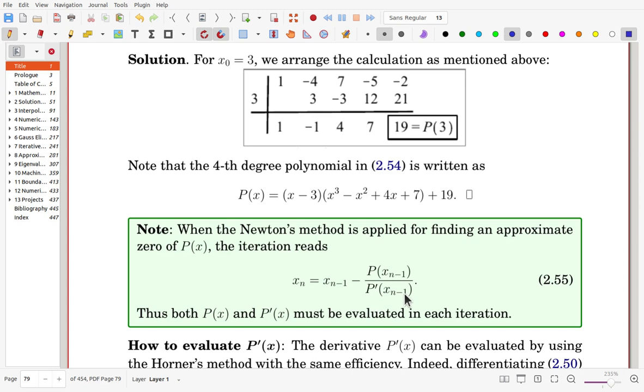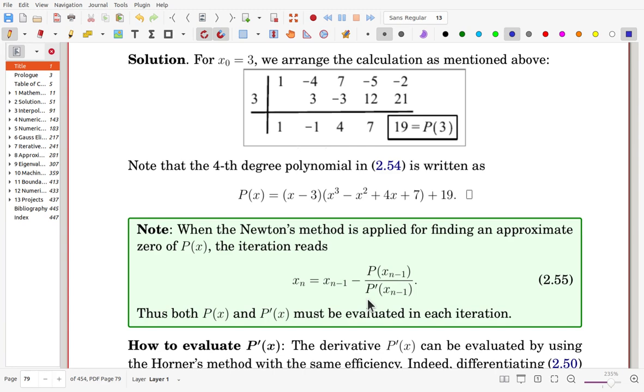Here we'll consider a technique. We'll apply Horner's method one more time to get the derivative value without finding or organizing the polynomial derivative explicitly.